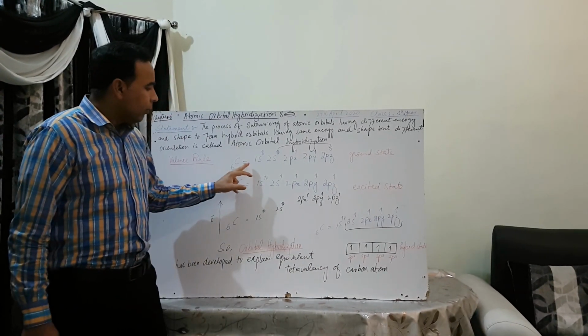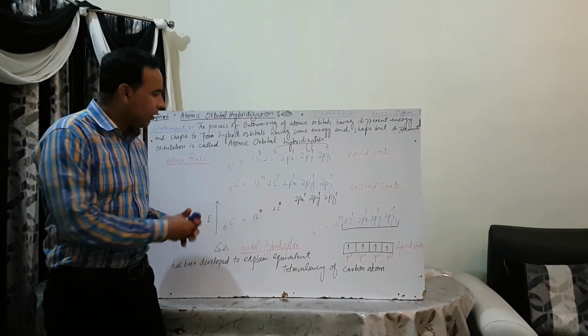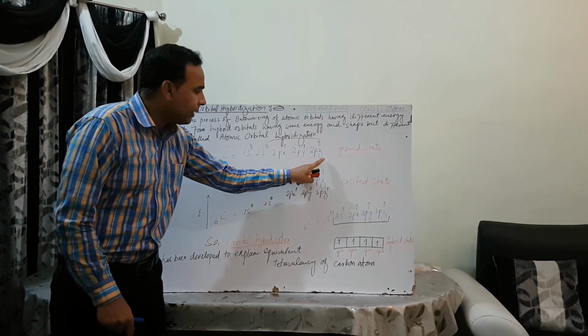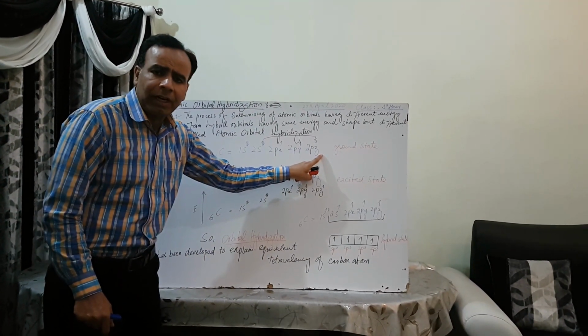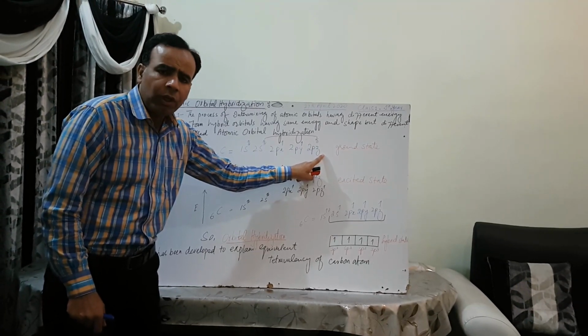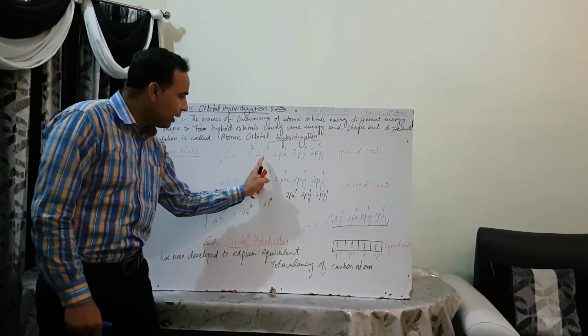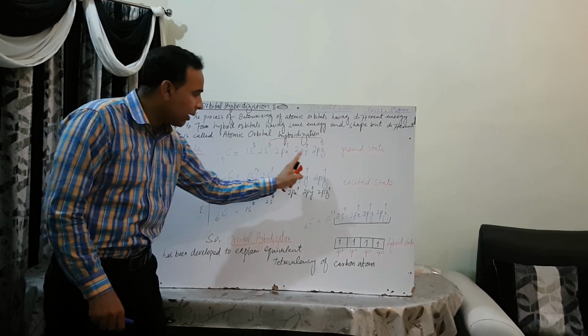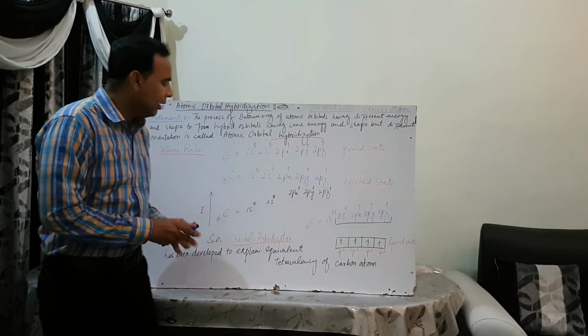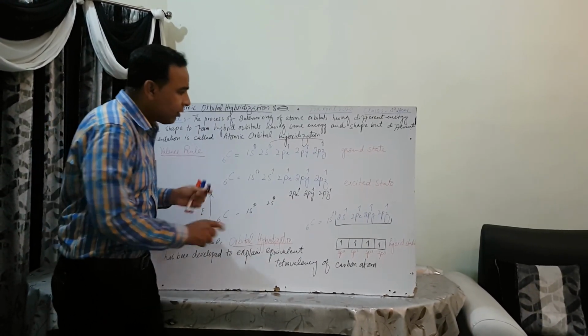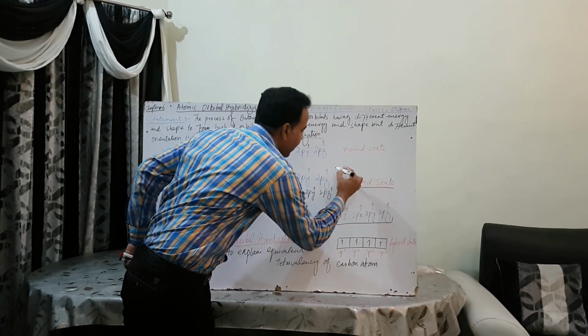But the valency of carbon is 4, so we promote one electron from the 2s orbital to the 2pz orbital. This is called the excited state of the carbon atom.